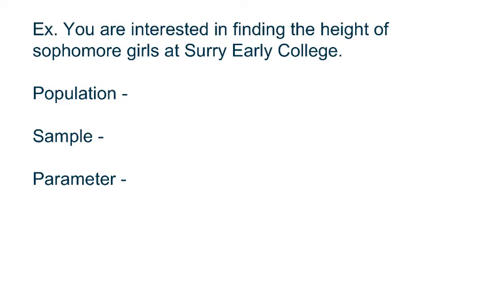Okay, so I want you to try this one. See if you can figure out what the population, the sample, and the parameter are for this example. You are interested in finding the height of sophomore girls at Surrey Early College. So try that in 1, 2, 3. All right. So your entire population is going to be the Surrey Early College.